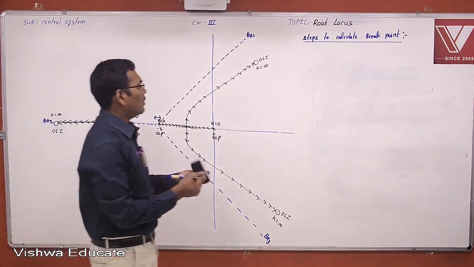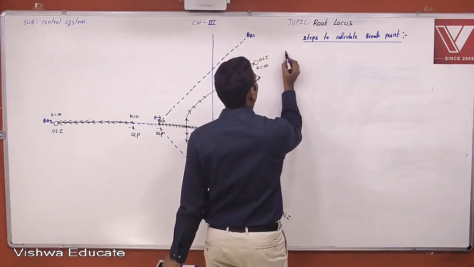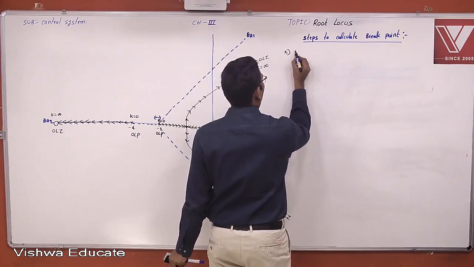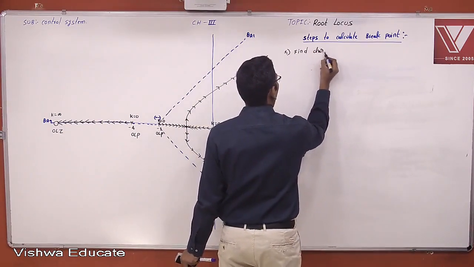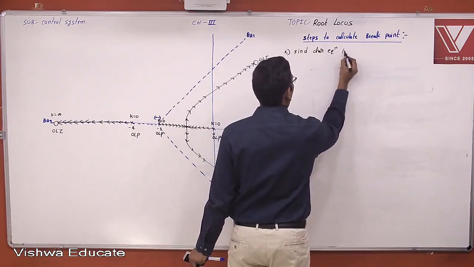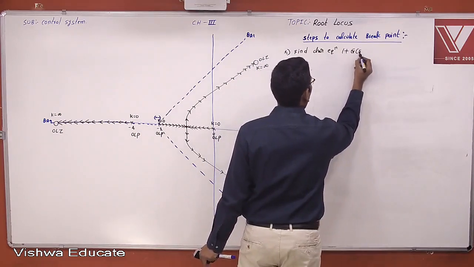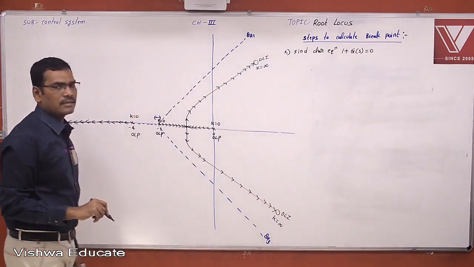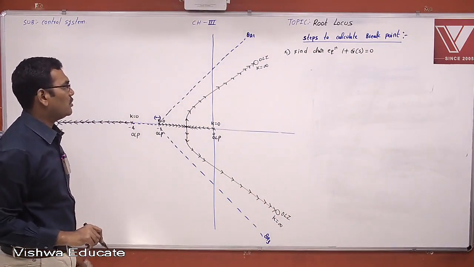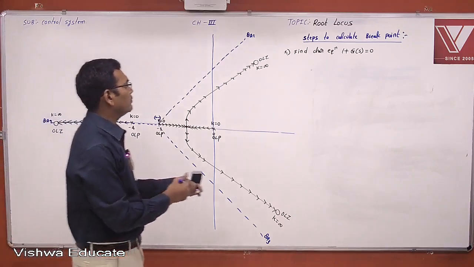Now, step 1. The first step is to find the characteristic equation, 1 plus G of s equal to 0.